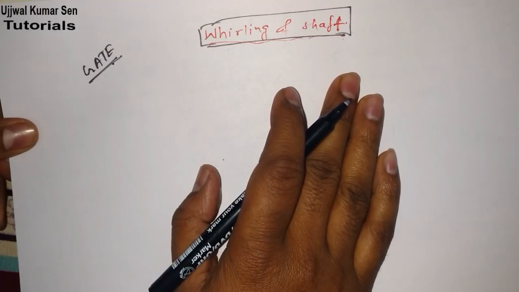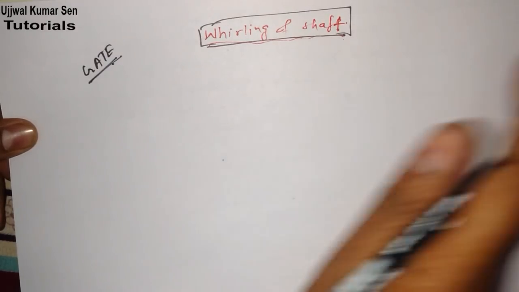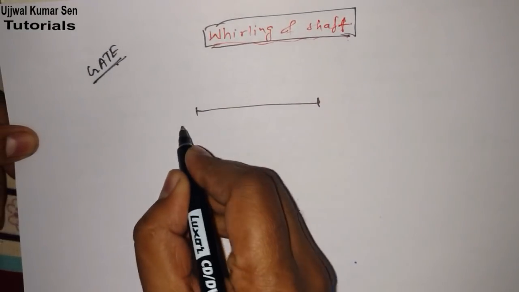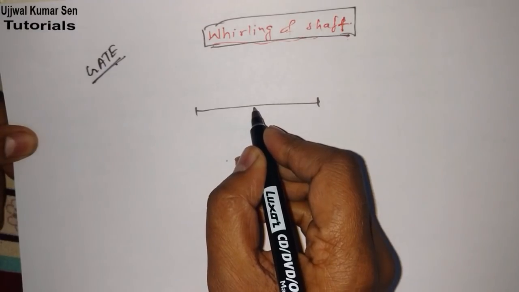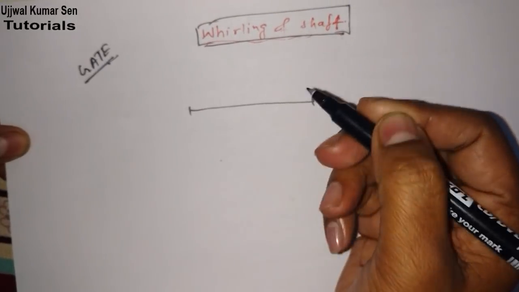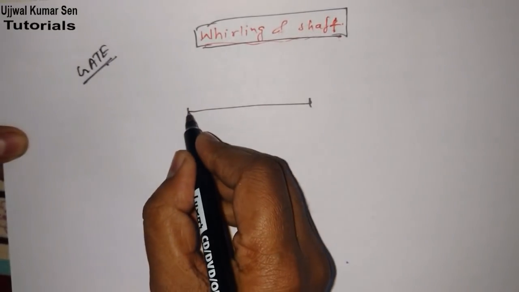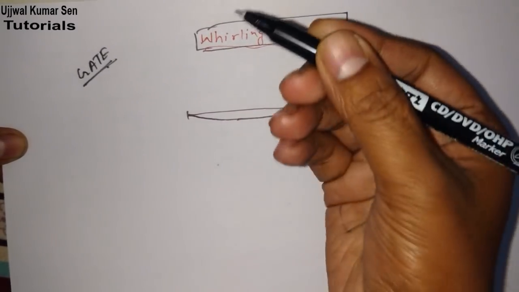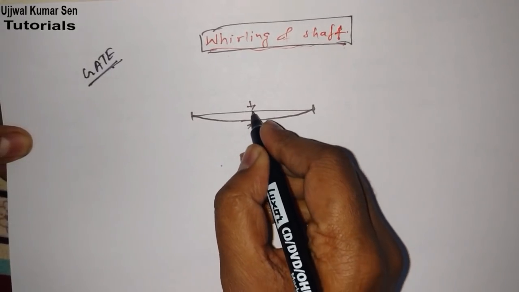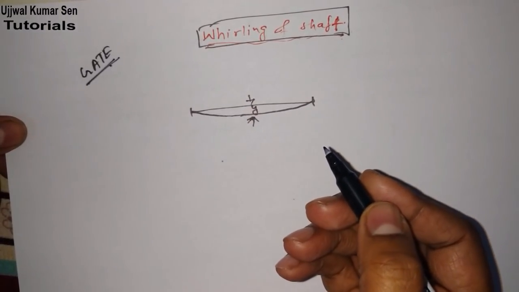First of all, you require the formula. Formula plays the most important role for solving numerical problems, especially numericals, not theoretical ones. For theoretical problems, if you know the basics of the concept, you can write. Suppose that we have a shaft here, and because of its vibration it will deflect from its axis by a distance y.